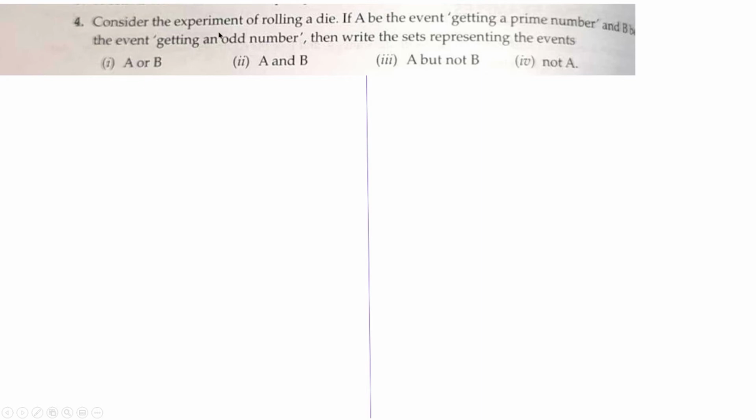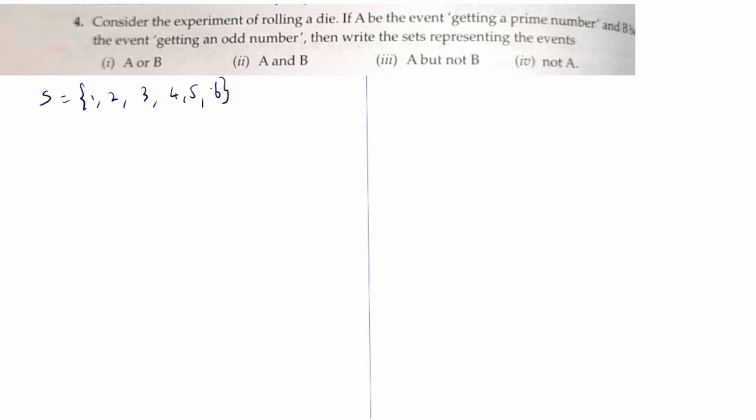Next question: consider the experiment of rolling a die. If A is the event getting a prime number and B is the event getting an odd number, then write the sets representing the events. The experiment is rolling a die, so the sample space is 1, 2, 3, 4, 5 and 6.